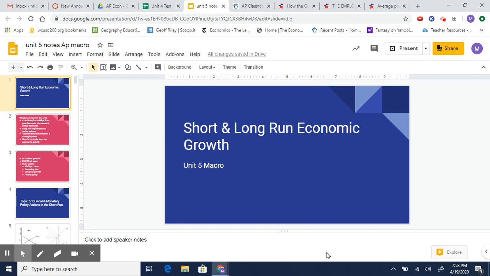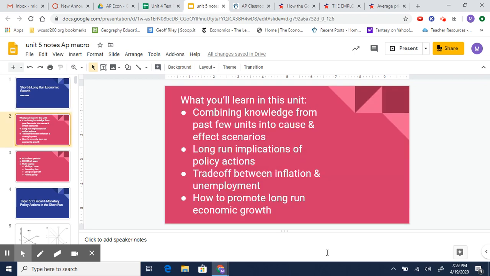This time we're going to dive into our final unit for the 2020 spring course. That unit is Unit 5, which deals with short and long run economic growth. Essentially, we're going to take the topics that you've learned about over the last few units.